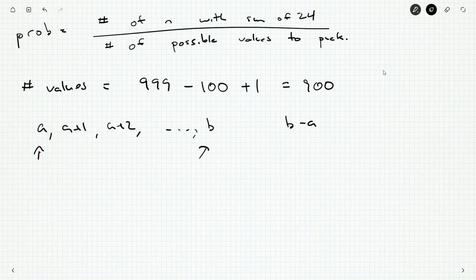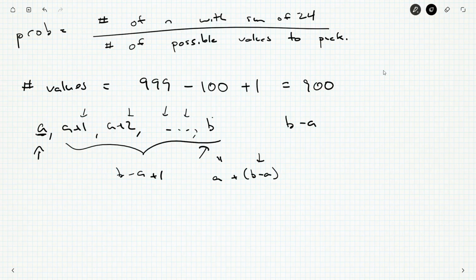Well, I go 1, 2, 3, 4, all the way up to B minus A. So there's B minus A numbers here, and then we just add on one more for the A that we haven't counted yet. So that's why this formula works. Okay, so we've got 900, so this is going to be something over 900.